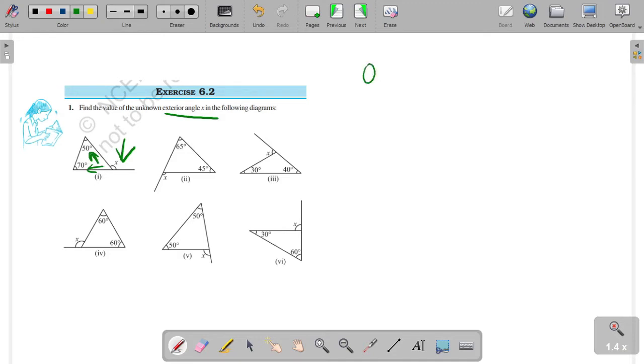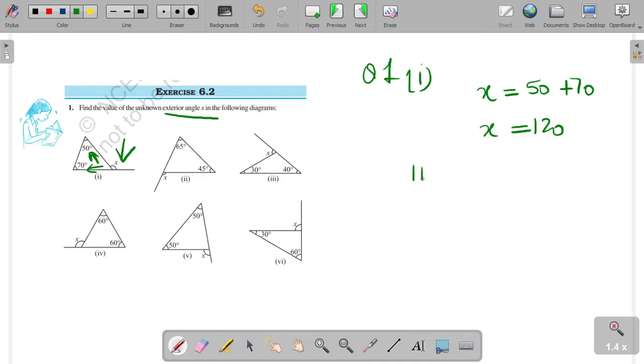So question number 1, first part. X is equal to 50 plus 70. So X equals 120. This is first part.